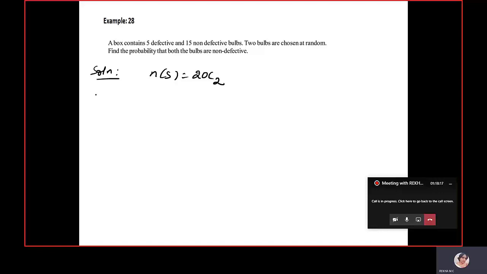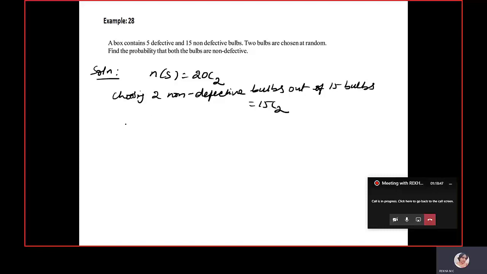So choosing 2 non-defective bulbs out of 15 bulbs is equal to 15C2.